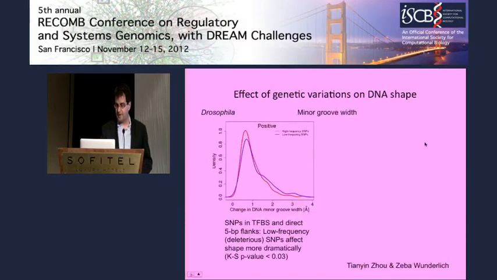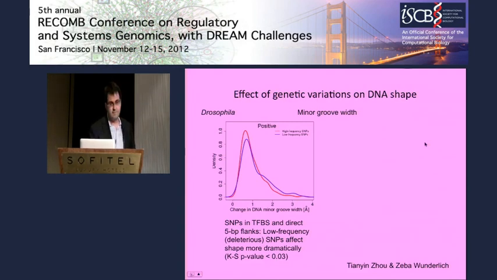So we call them shape-insensitive versus shape-sensitive SNPs. And in collaboration with Angela De Paz and Sergei Nustin, we looked at non-coding regions, at cis-regulatory modules, and distinguished a set of SNPs in transcription factor binding sites or their direct flanks versus SNPs that are not located in transcription factor binding sites.